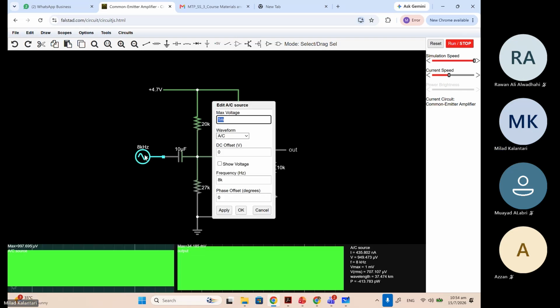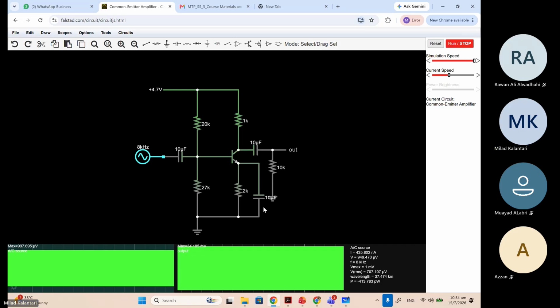So I'm not sure if I should reduce the frequency from now. Do you have any idea how we can scale the horizontal axis so that we can see the sinusoidal clearly? Where is it?